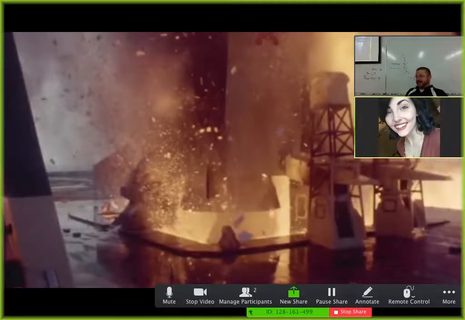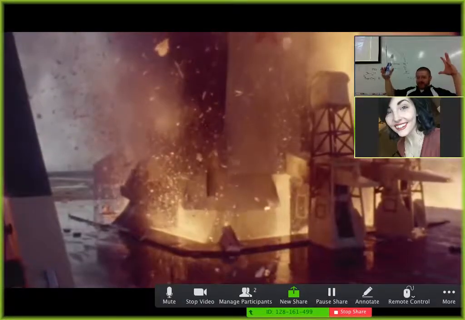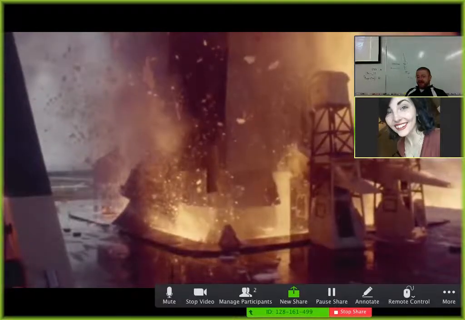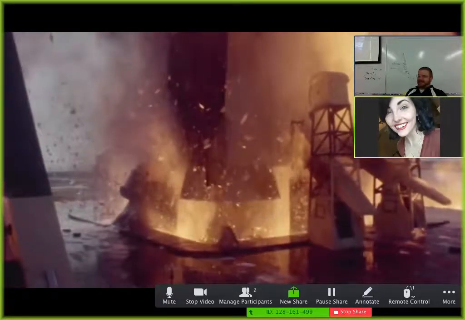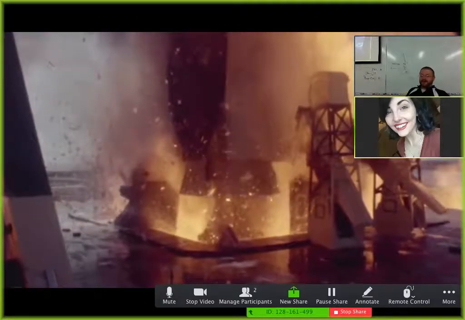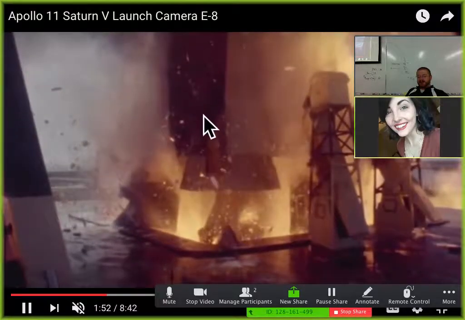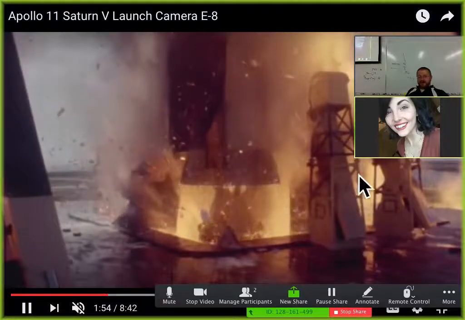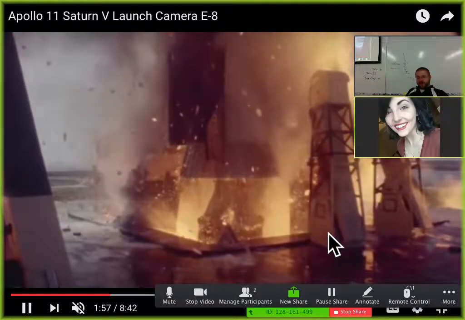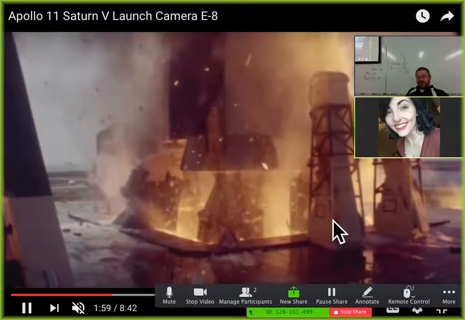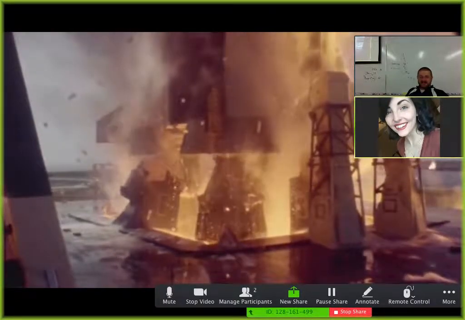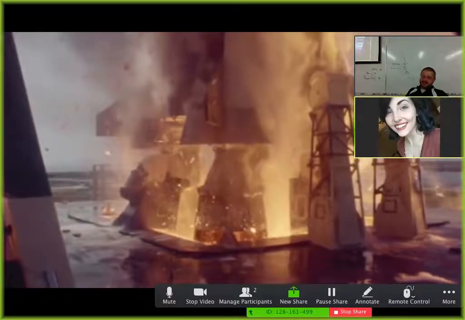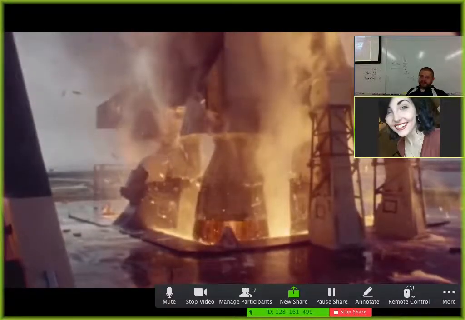Then when they lit it and it started to vibrate, all that ice would break off and fall down, and it would evaporate almost immediately in some cases. So you get this huge cloud around it of water vapor, and you can see the cloud starting to build up here. Now you can see the restraints falling off the rocket. Those are the things that hold it up, and it's going to let the rocket go. 2.2 meters per second squared, can you believe that? It doesn't move that fast. This is slow motion. Or is it?